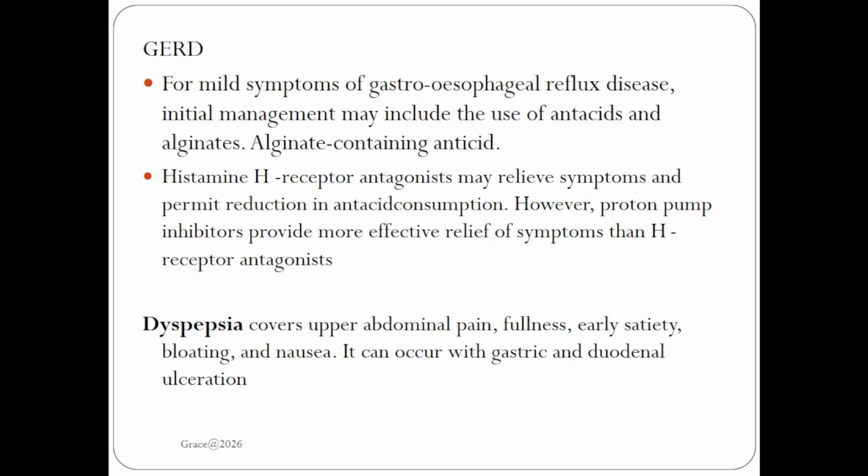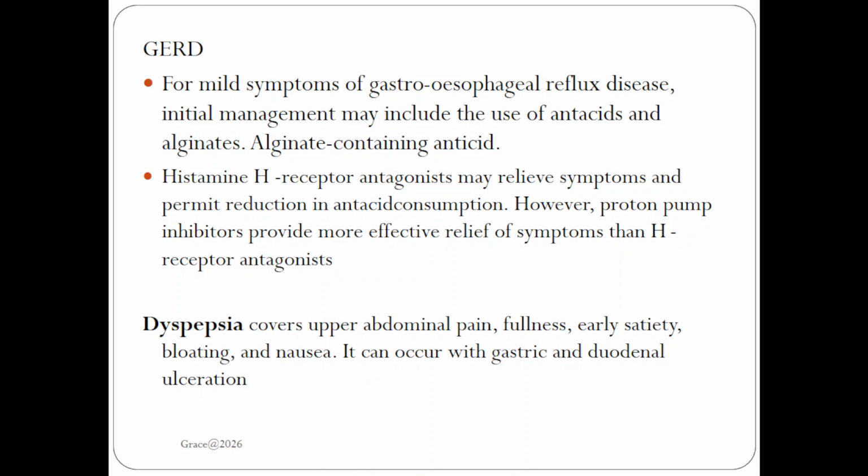Last lecture we looked at how the acid is secreted: through the potassium hydrogen pump. So if you block the potassium hydrogen pump, you are able to inhibit production of HCl, and once HCl release is reduced, the reflux is going to be reduced because the acid itself will be reduced.